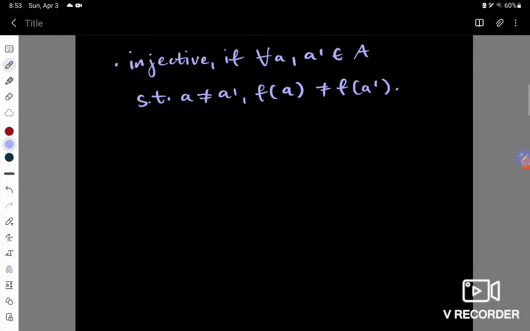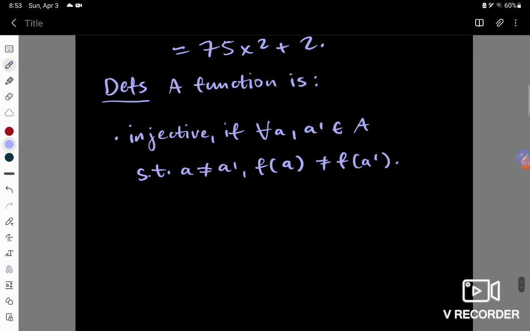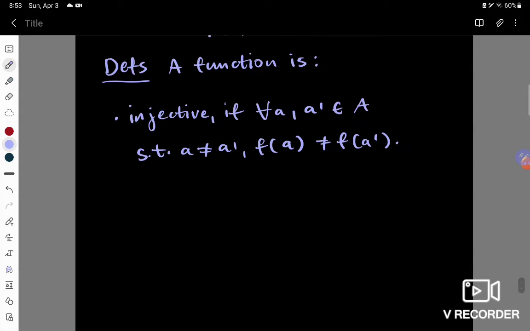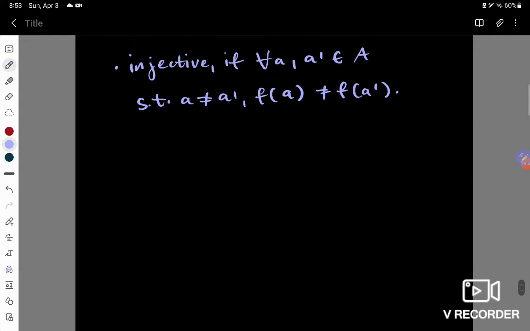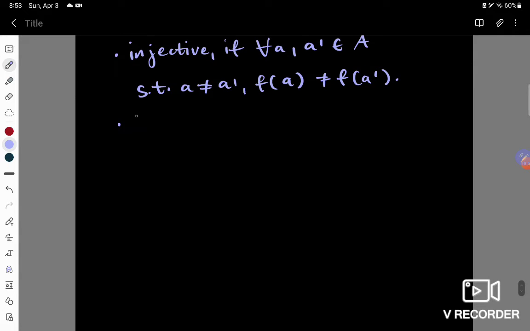So basically what this is saying is that distinct elements have distinct images. So if you take these 2 points, then they're going to be not equal to one another under f. So this is injective, and it's sometimes also called one-to-one, but we'll use injective, and it's sort of its dual, surjective.